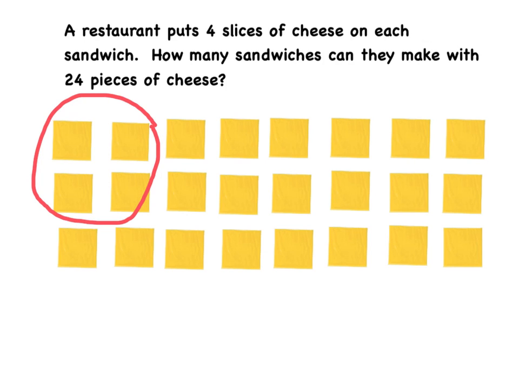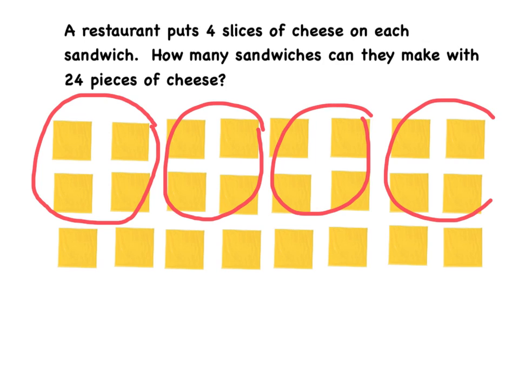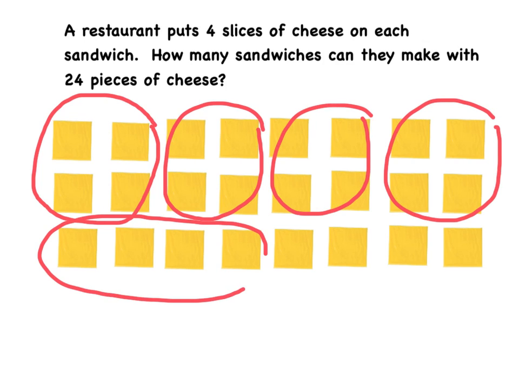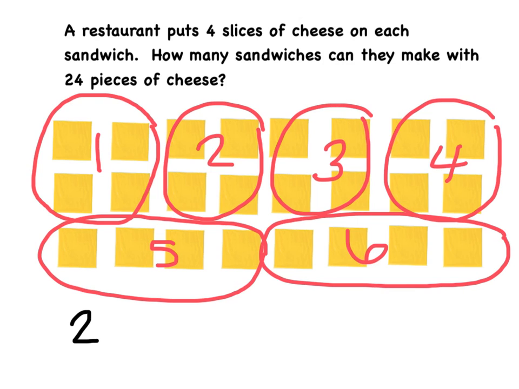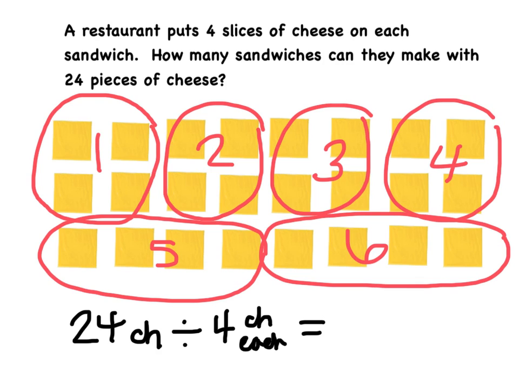So here's one sandwich, here's another sandwich, and another, and another, here's another, and then one more. So as I can see, I have 1, 2, 3, 4, 5, 6 total sandwiches that I can make. So if I wanted to write an equation to model this situation, I have 24 pieces of cheese, and I'm dividing that by 4 pieces of cheese in each sandwich, and that's going to give me 6 sandwiches.